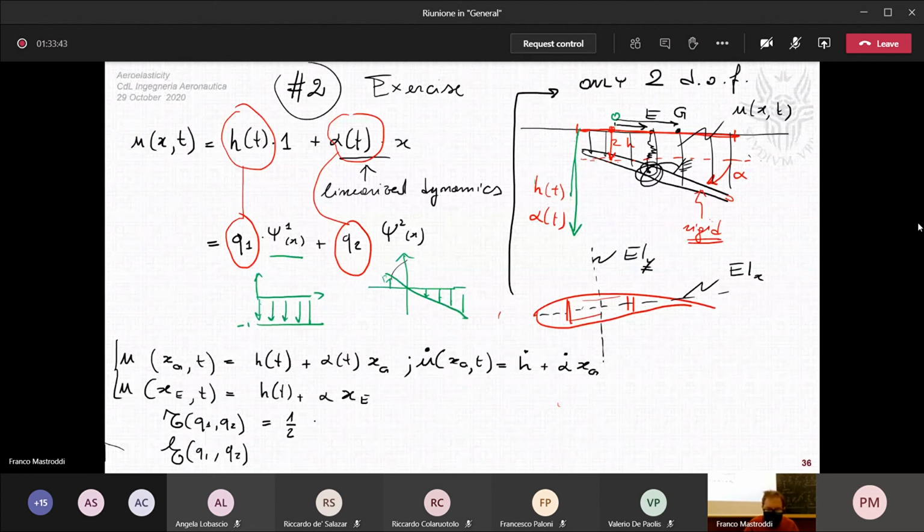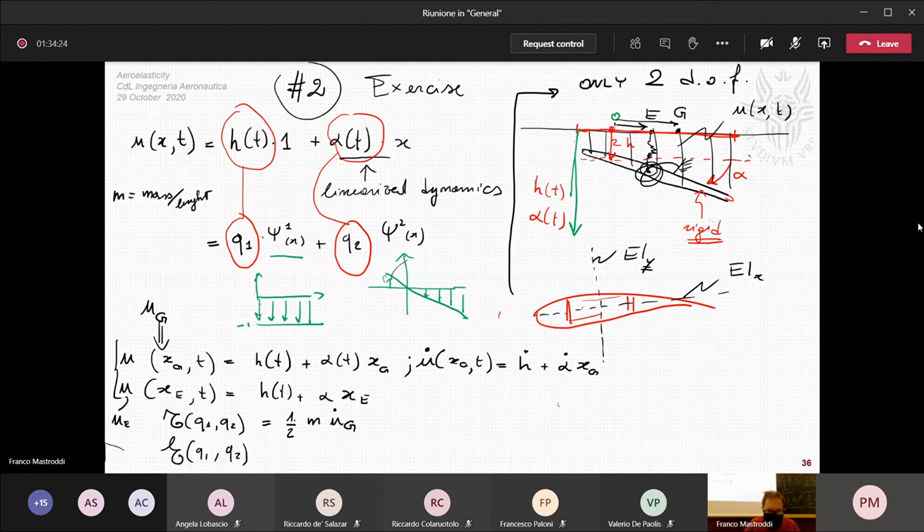So you have 1/2 m, where m is the mass per unit length of the wing, length in the y direction, and so we have 1/2 m u dot G. This is u dot G, this is uG, and this is uE.